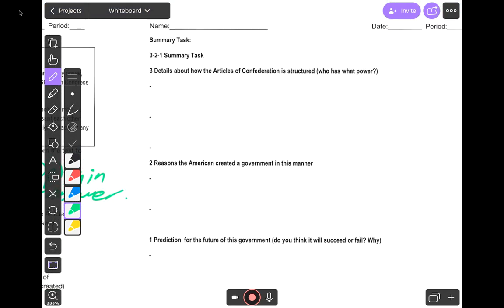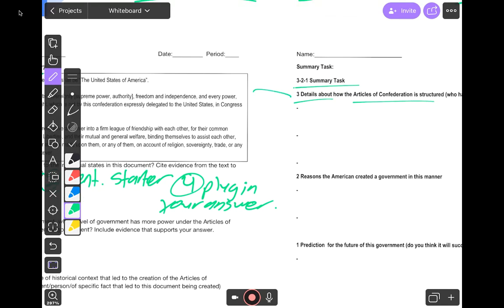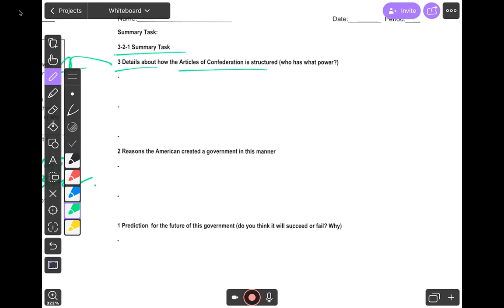The last part of the assignment today is another one of our 3-2-1 summary tasks, and you are going to be asked about 3 details about how the Articles of Confederation is structured. Who has the power? I would recommend you use the text previously for that. 2 reasons why the Americans created a government in this manner. So the whys.